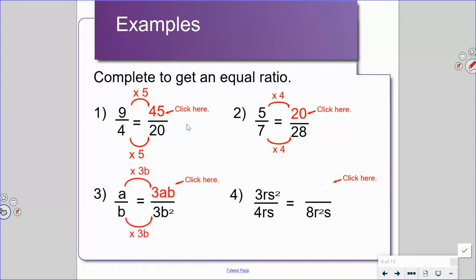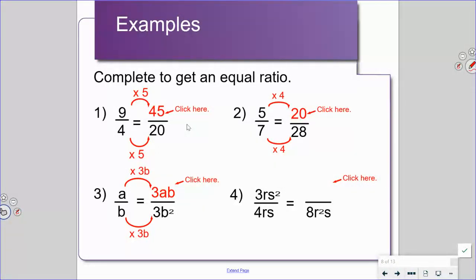So a times 3b, there's nothing that simplifies there. We will go ahead and write the variables in alphabetical order, and as always, write the coefficient first. So a to b is the same as 3 times a times b over 3b squared.